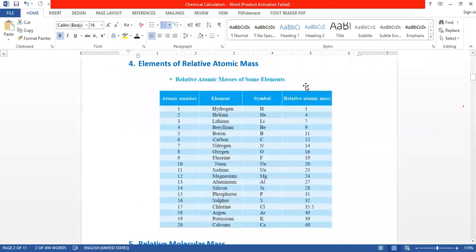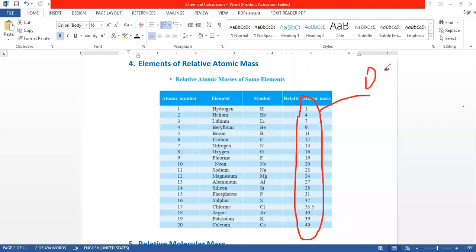They will definitely give them. But in your term examination, sometimes they will not give. So don't think about your term examination; I am talking only about the O-level examination. They will give this relative atomic mass.